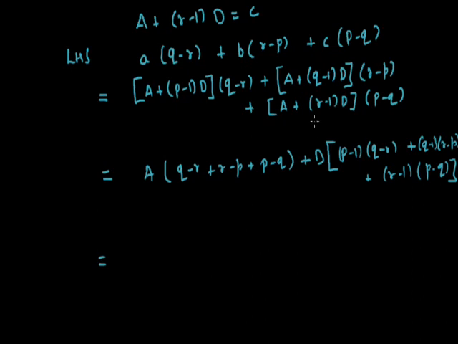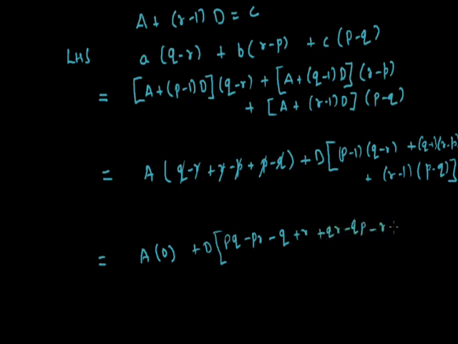So here q will be cancelled by q, r will be cancelled by r and p will be cancelled by p. So this will become A multiplied by 0. All will be cancelled. Plus D. Now multiply (p minus 1) into (q minus r): pq minus pr minus q plus r plus qr minus qp minus r plus p plus rp minus rq minus p plus q.